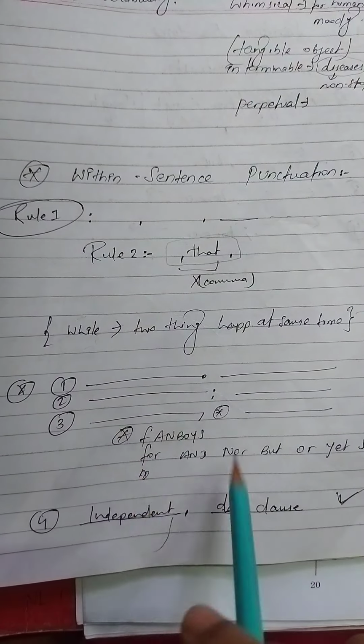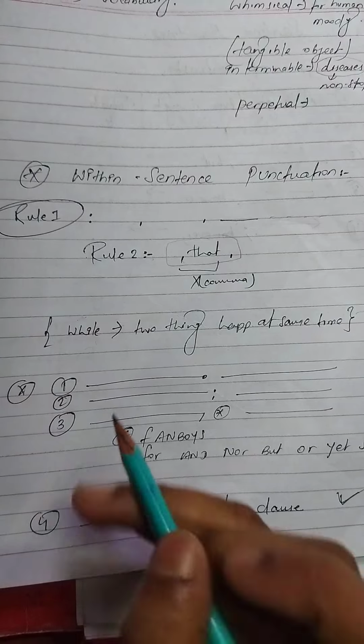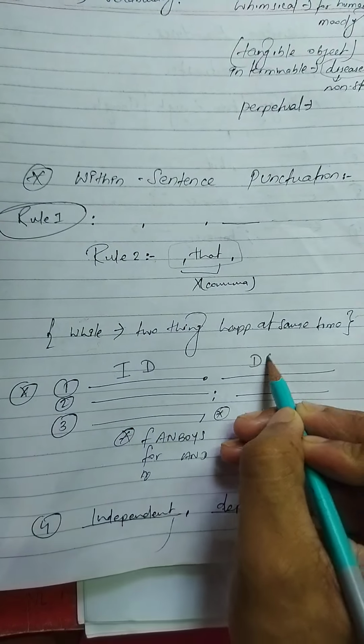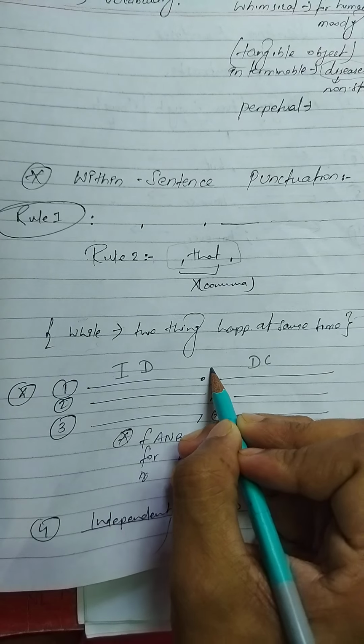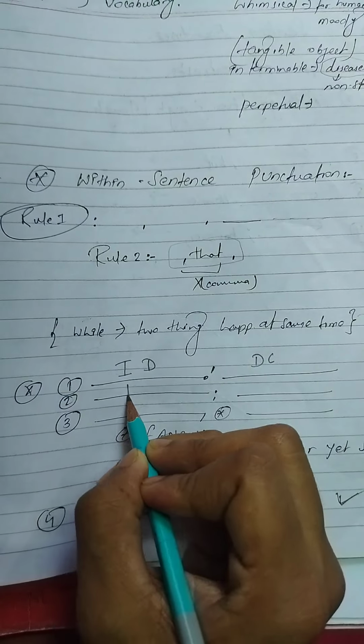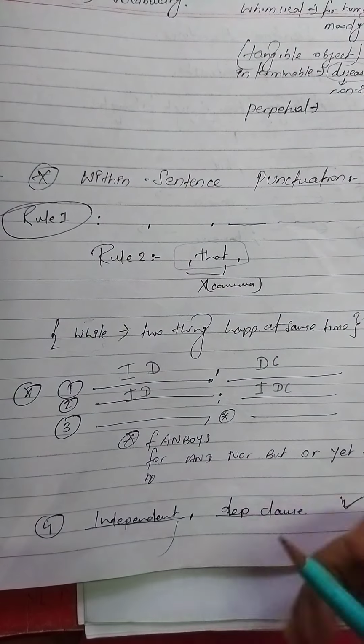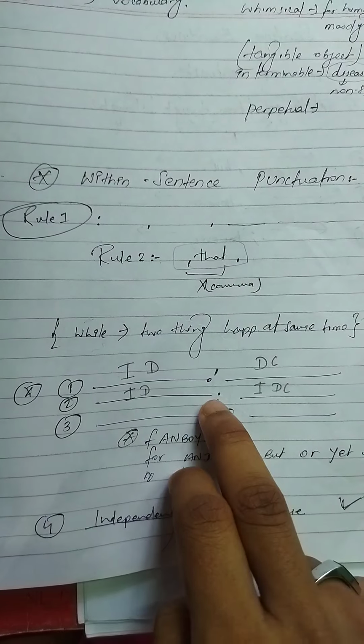So let's see how we can join clauses. Suppose this is an independent clause and this is a dependent clause, then you can join it by a comma only. But if it is an independent clause and this also is an independent clause, then you can join these two sentences by a semicolon.